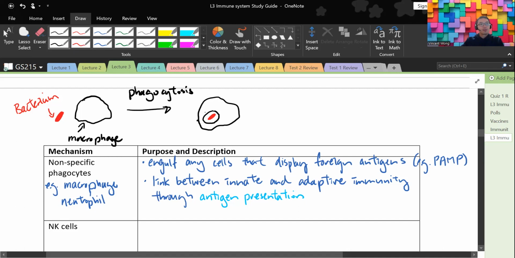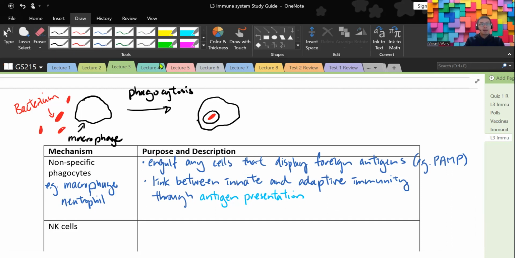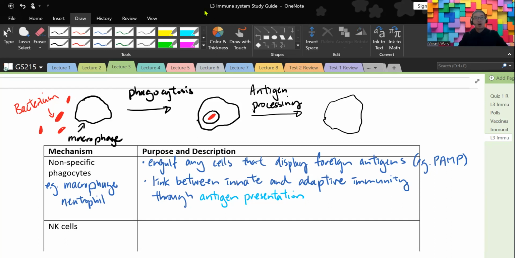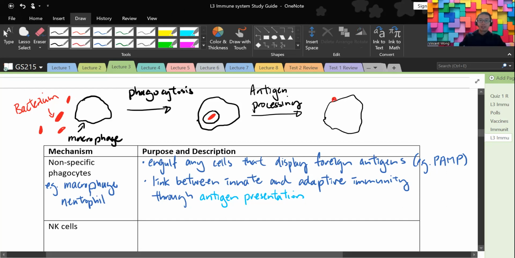I hope that makes sense so far. Right. And then it will do something called antigen processing, which basically means it will break down the bacteria and take the bacterial antigens, the molecules that are on the surface of the bacteria, and put them on its own surface. Okay, so these are bits and pieces of bacteria, basically.